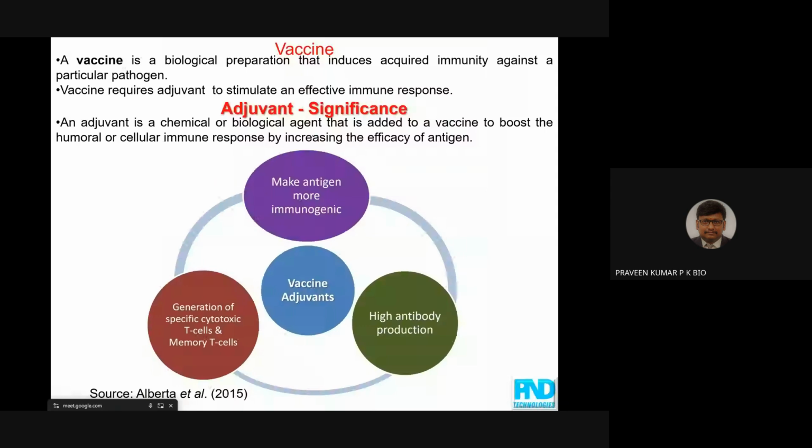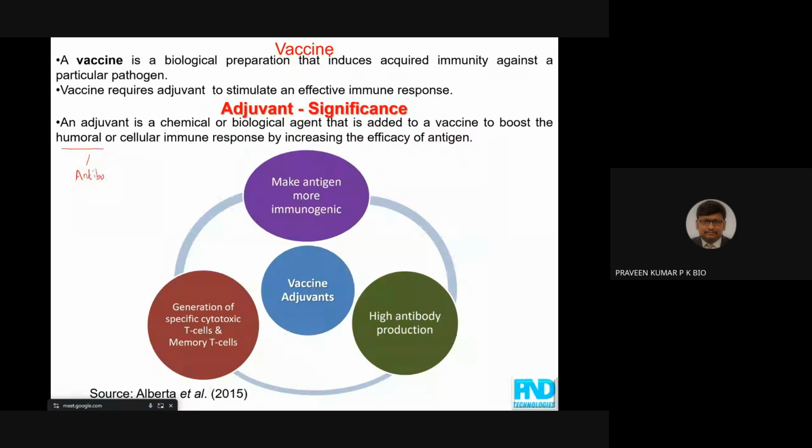And biological adjuvant agents: our lab is working on different biological agents. At the end of this presentation, you can see the biological adjuvants we are manufacturing, and using even for in vitro and in vivo studies. Humoral means acquiring immunity through antibodies.